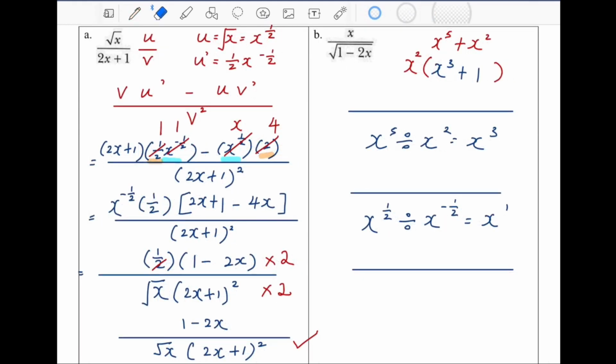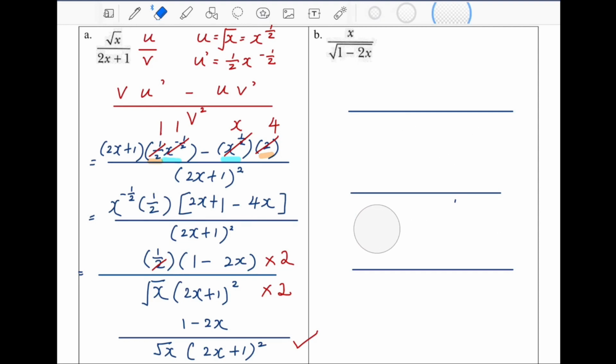Now let's have a look at the second example, followed by the same formula. U over V. Alright, so when you differentiate this, V square followed by V. Let's change this one to something else, shall we?